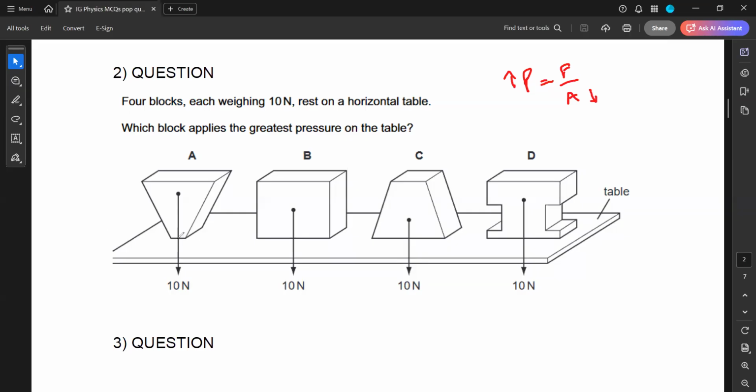Comparing the area in contact for A, B, C and D, A has the smallest area in contact. That's why A will experience large pressure, because pressure is inversely proportional to the cross-sectional area or area in contact. Is it clear?